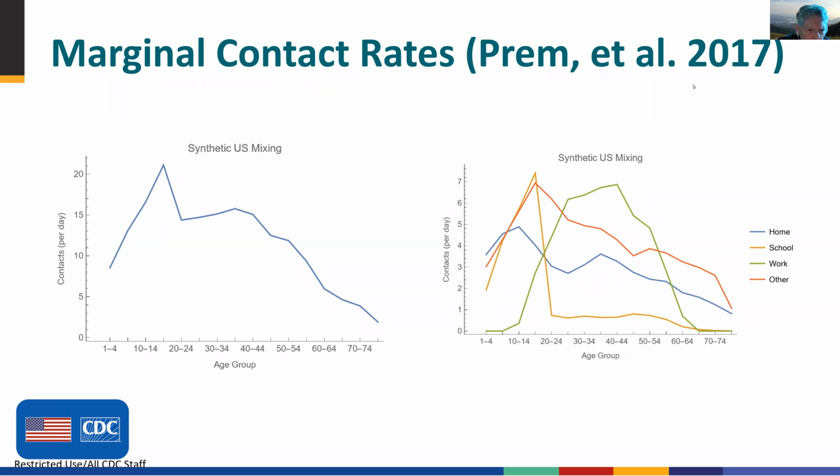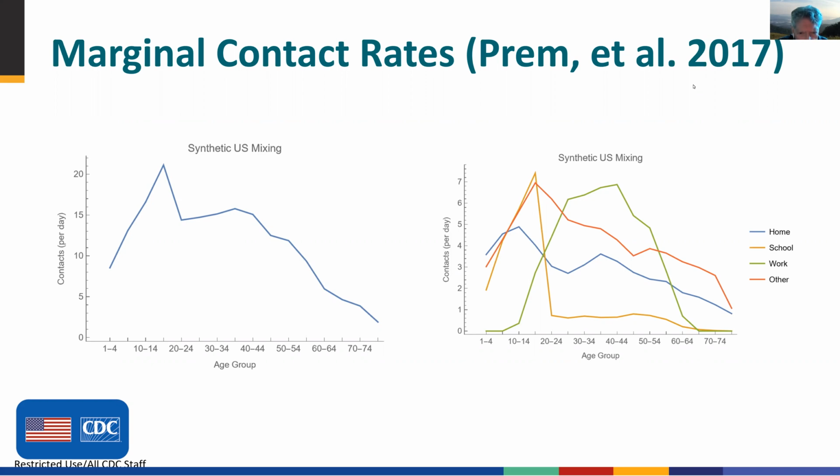And so this is what the marginal contact rates look like in the synthetic matrices for the United States. And this just separates them out by the 4 settings that they provide. This is the workplace, this is the schools, this is household contacts, and this is other.